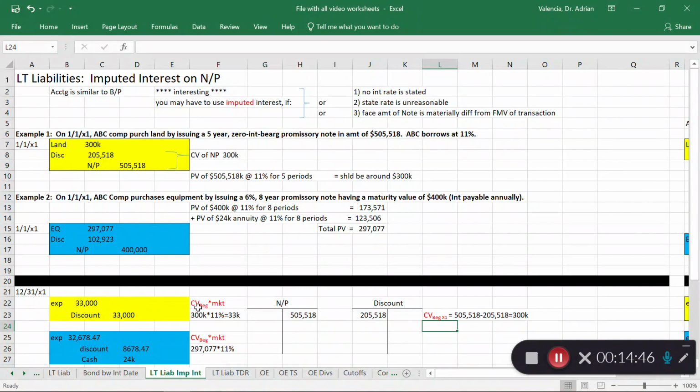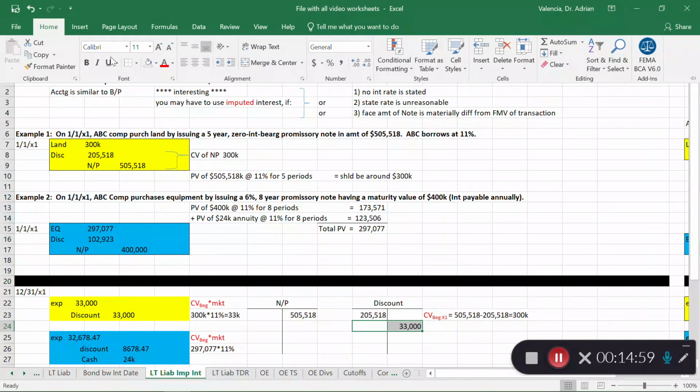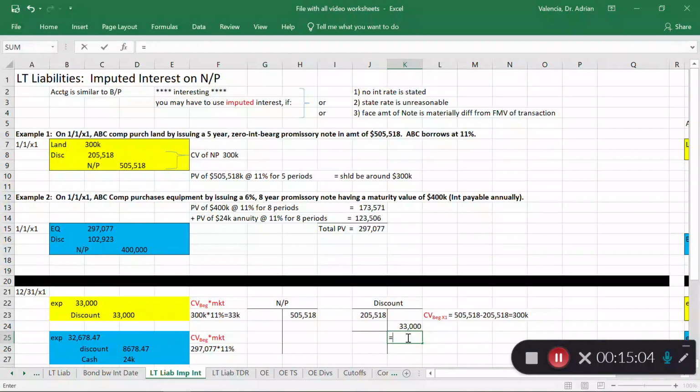Let's think about the next period, just to be clear. Now that I've amortized $33,000, that goes right here. The next period's balance in discount will affect the carrying value. So this will be equal to this minus this. I'm sorry, I did that wrong.